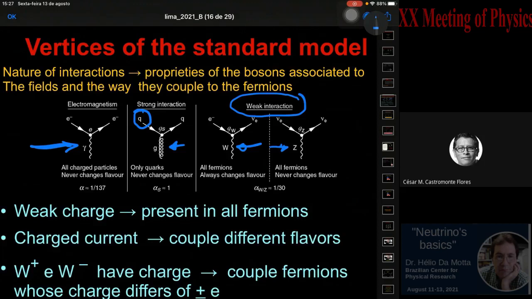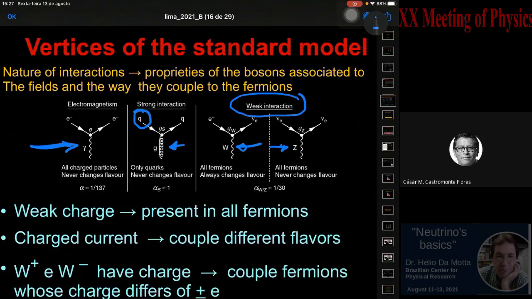But of course, the other thing may happen. You may have an electron neutrino, right? And when this electron neutrino gets a W, the electron neutrino has no charge, zero. But when it gets a W, and it's not blind to that, it can see a W. When it gets a W minus, it gets electric charge.